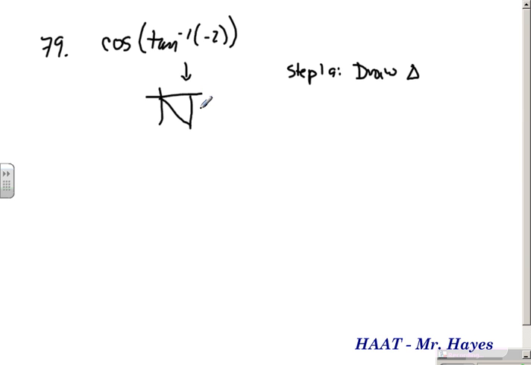Draw this out here. I've got opposite, adjacent. The 2 is going to be negative since that's going down. And over here, it's going to be square root of 5, Pythagorean theorem. Okay, so then that's going to be part 1b, you're going to find the missing side.